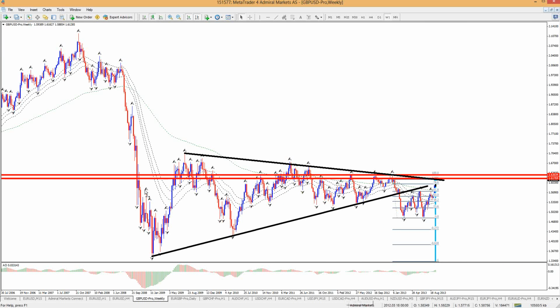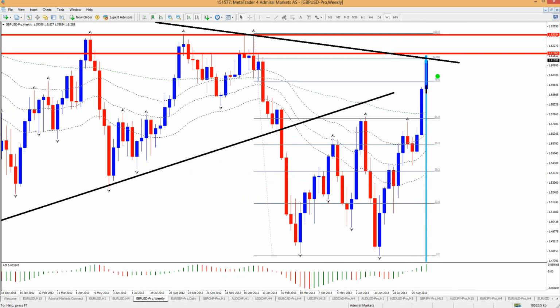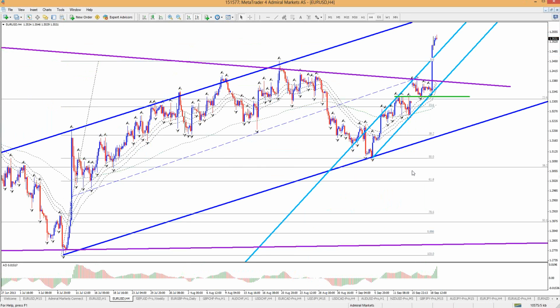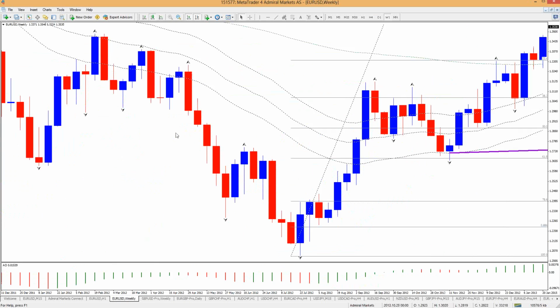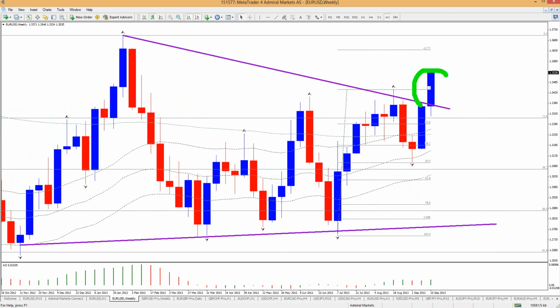what will happen is that we will have a weekly candle probably which is pretty bullish. I don't expect a major wick on the weekly candle. Just like the euro, if you look at the weekly chart, I wouldn't expect a major wick here. But that's one good thing we have to take a look at the end of the week.